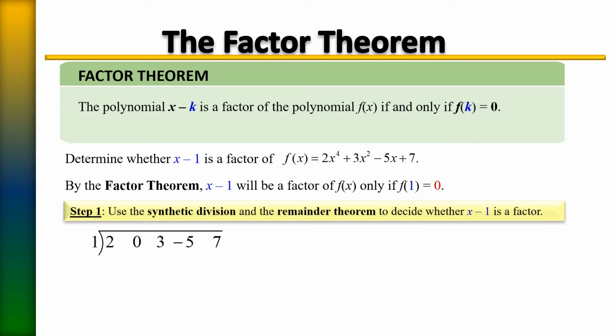Recall we have the 1 on the outside and the coefficients under, so let's begin the process. I'm going to bring down a 2, multiply that with 1 to get 2. Bring down a 2, multiply that with 1 to get 2. Bring down 5, multiply that with 1 to get 5.